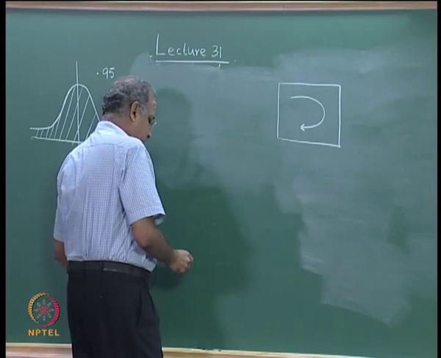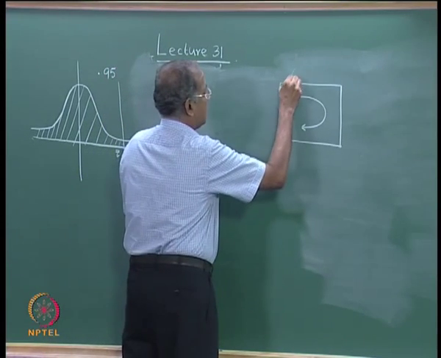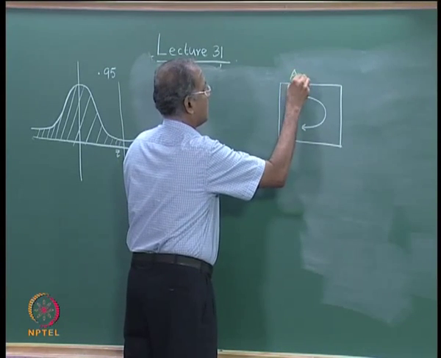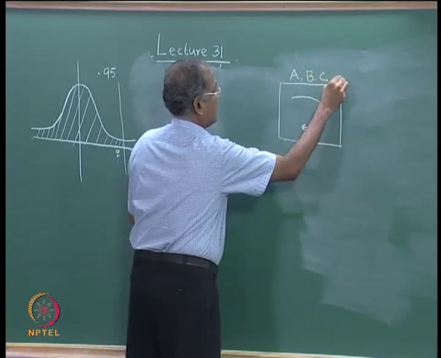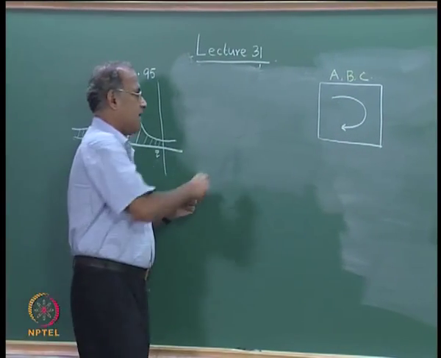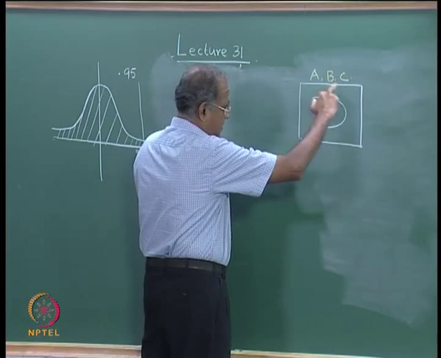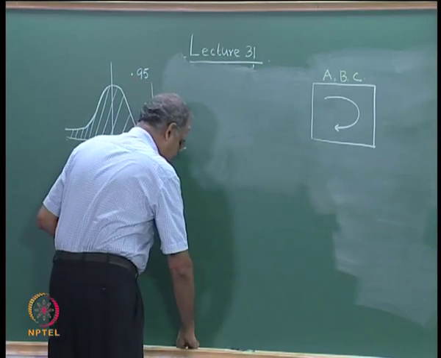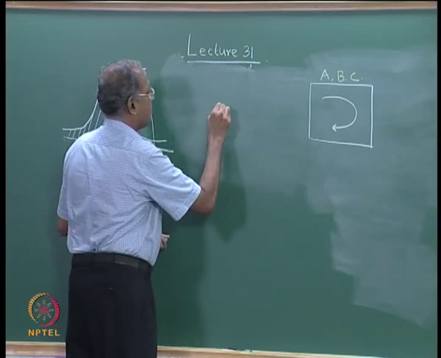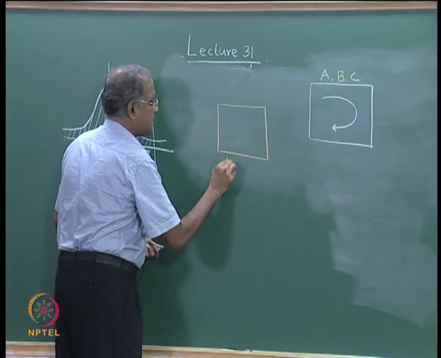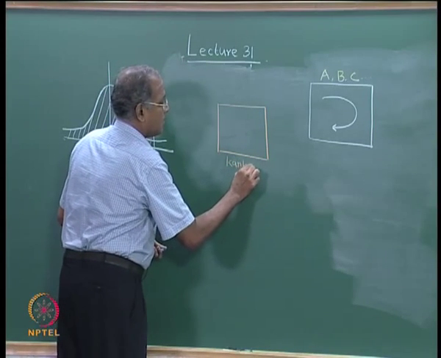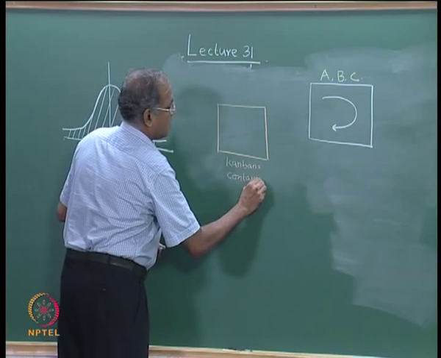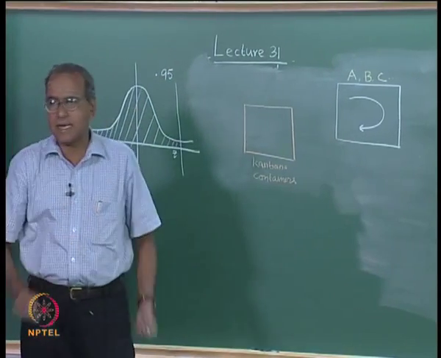It might be handling multiple products, we could call them A, B and C, etc. We also said that if A is being done, then one Kanban of A is completed, and there could be an area outside where these Kanbans or containers are available, some kind of a container storage area.